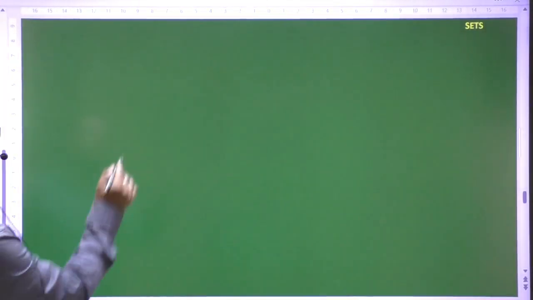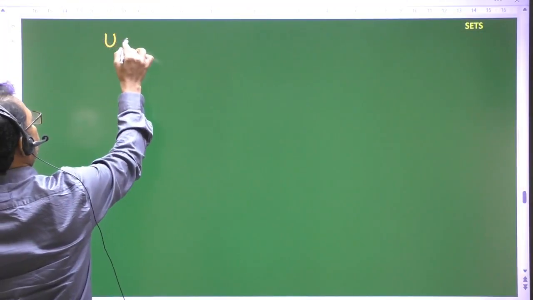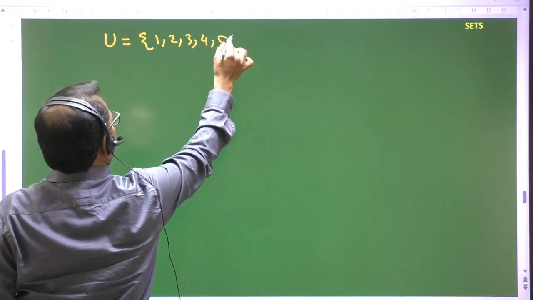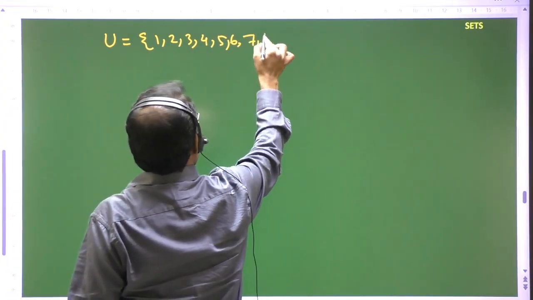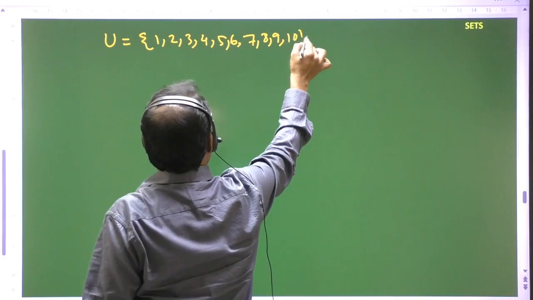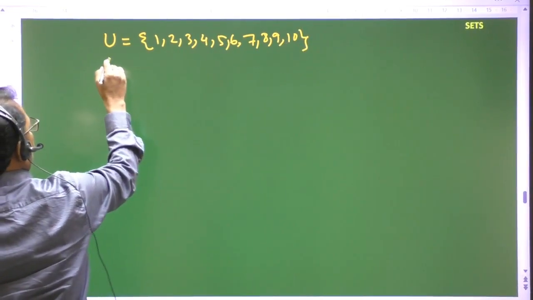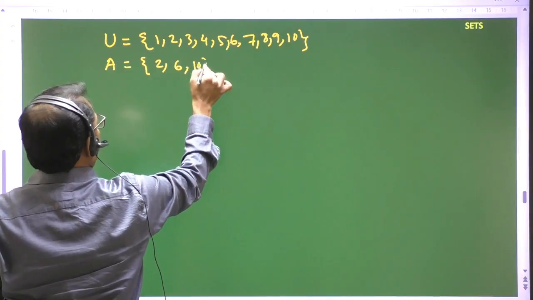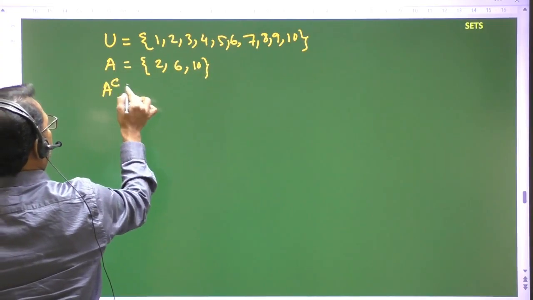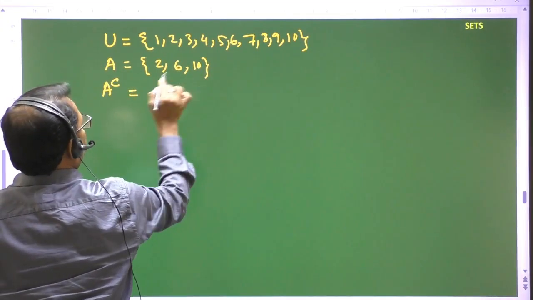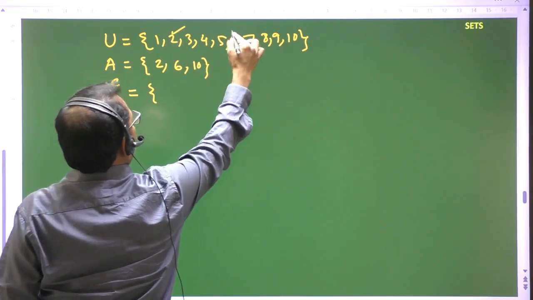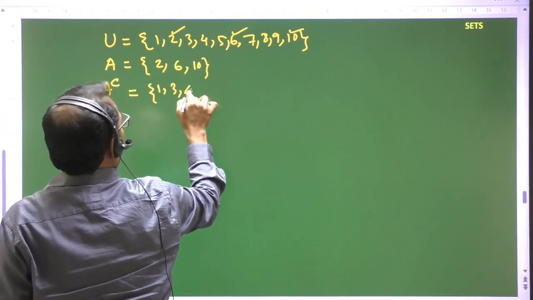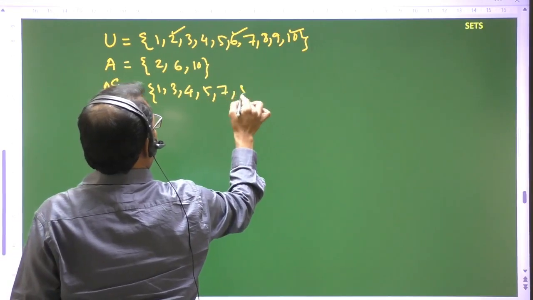To take one example of the universal set, suppose U is equal to 1, 2, 3, 4, 5, 6, 7, 8, 9 and 10, and your set A contains 2, 6 and 10. So what is A complement? A complement will be everything except 2, 6, 10. So 2, 6 and 10 you have to remove from the list. You have 1, 3, 4, 5, 7, 8, 9.